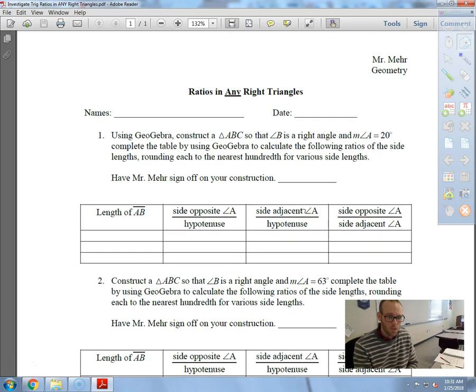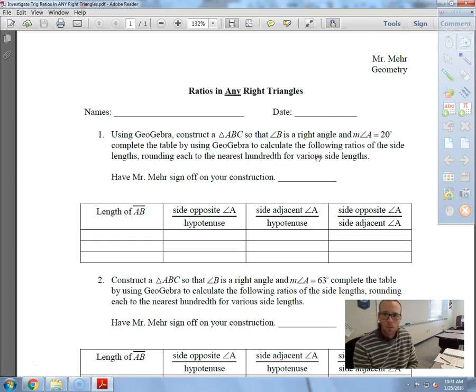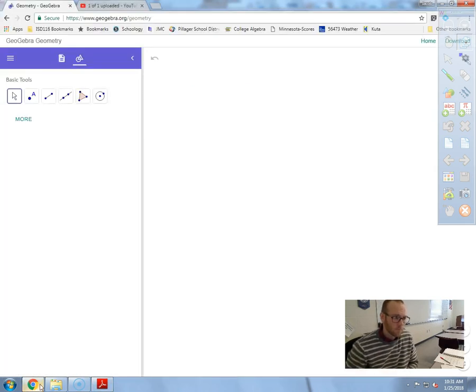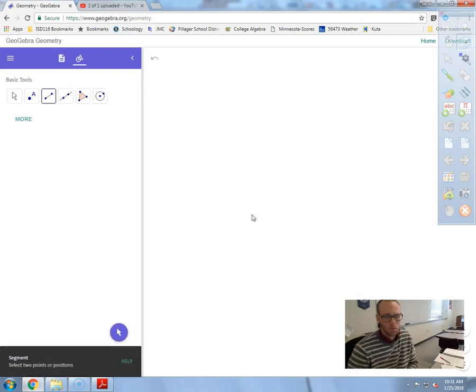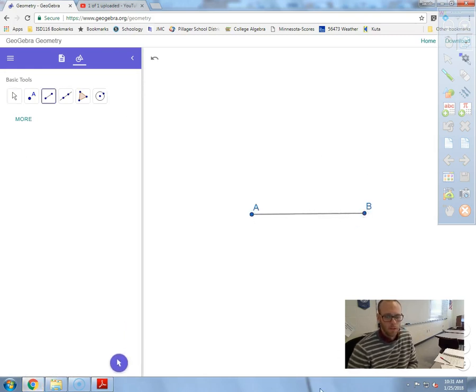I'm going to show you a quick refresher on GeoGebra on how to get things set up, and you should be able to take it from there. So I want to construct a triangle ABC, so B is the right angle, and the measure of angle A is 20 degrees. So I'm going to start off with a side.